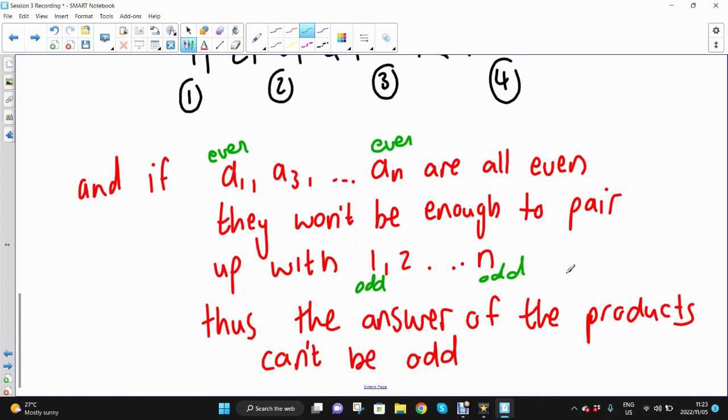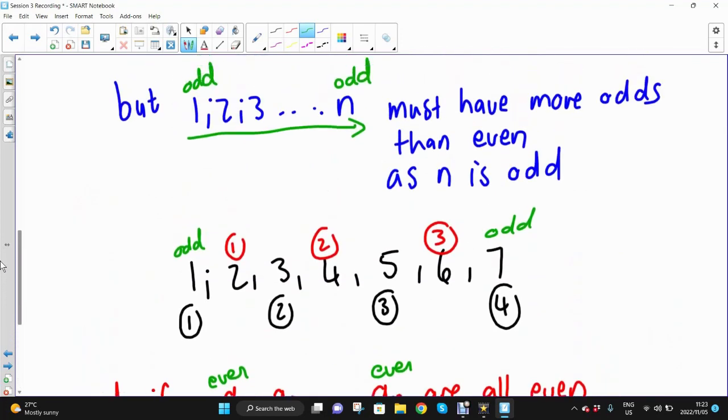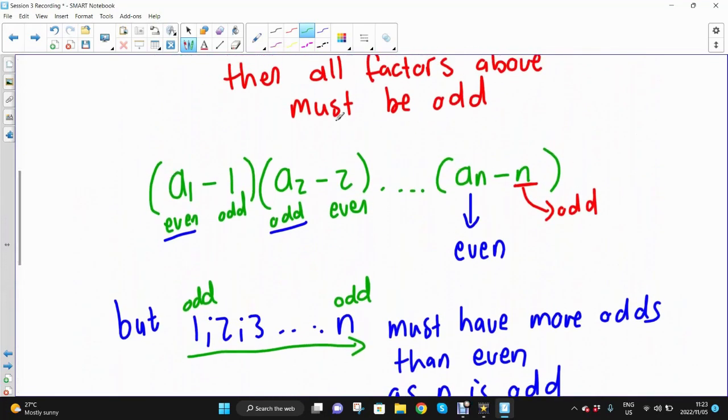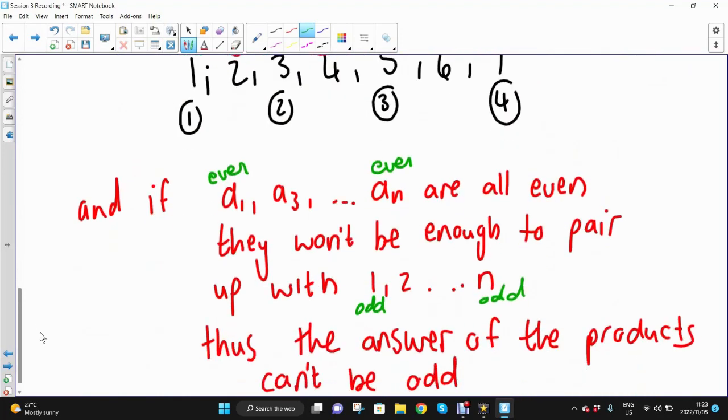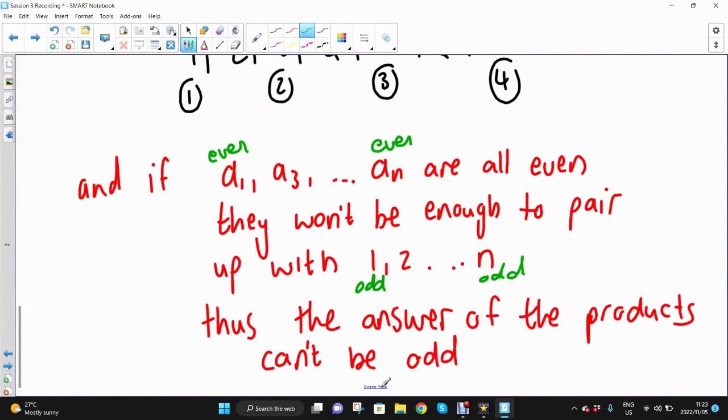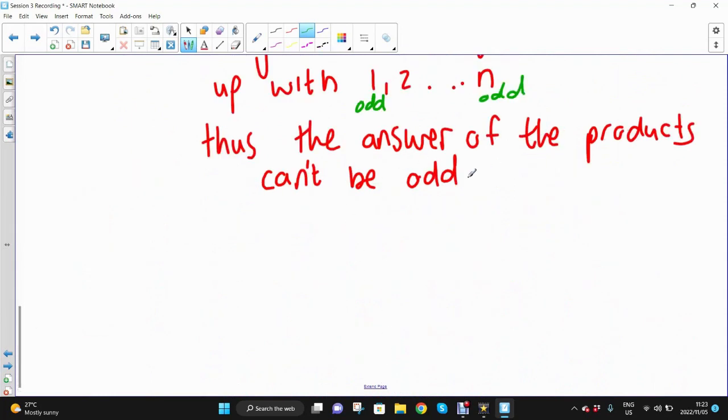This whole statement is actually now falling apart, because for this whole thing to work out and to give us an odd number, we have to have more odds than evens for them to pair up. So I can make a statement and say, thus this answer of the products can't be odd.